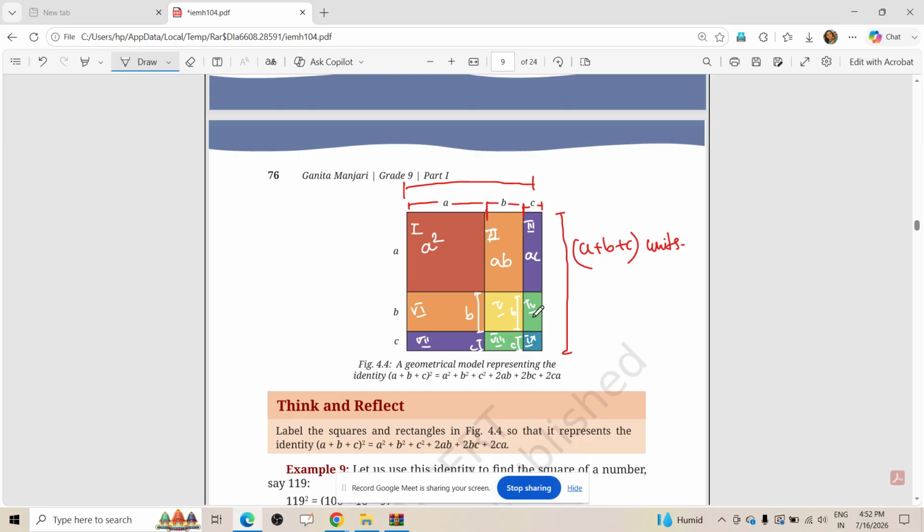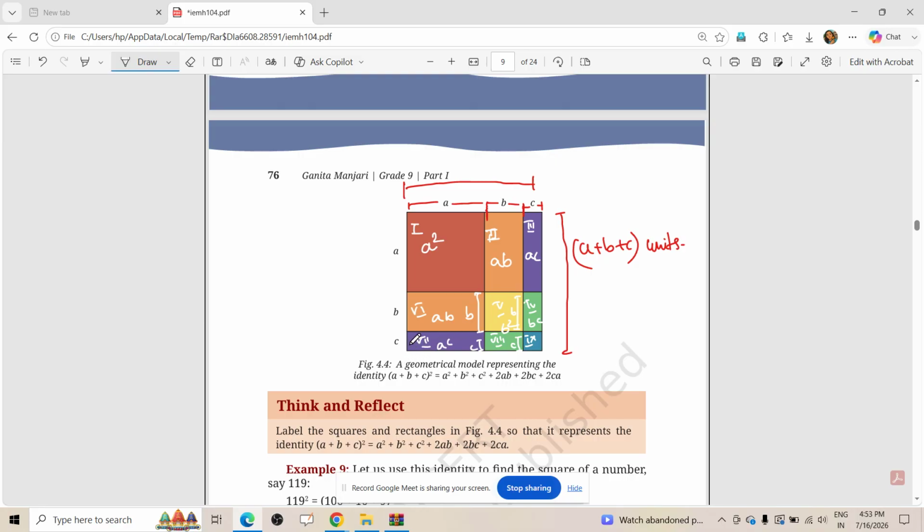So what is the area of fourth part? The length B into C. And what is the area of fifth part? See, it is a square. Yes, B square. What is the area of sixth part? AB. And what is the area of seventh part? Yes, AC.